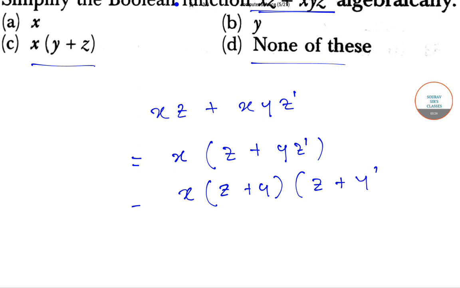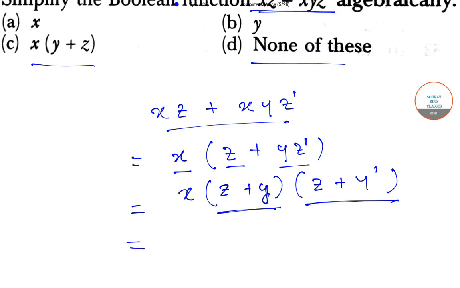y dash. Okay, so from this step we are taking just the x as common and having this z plus yz dash. But in the next step what we are doing, we are just separating as these two groups. So we are separating it as z plus y whole into z plus y dash.